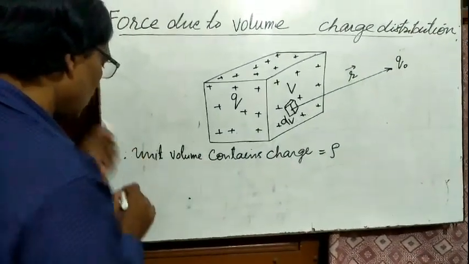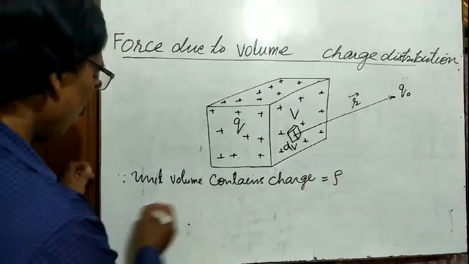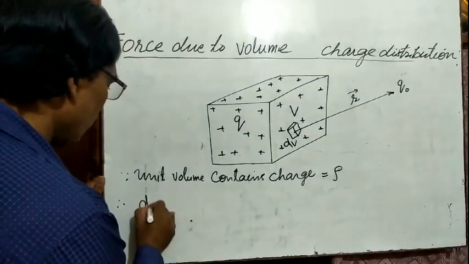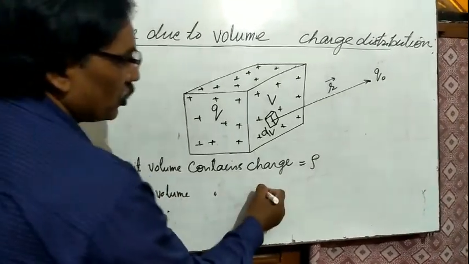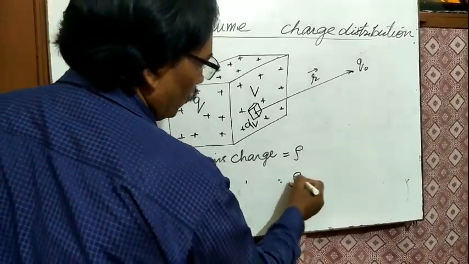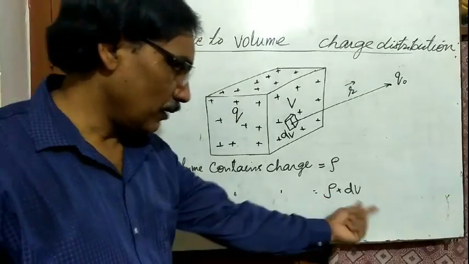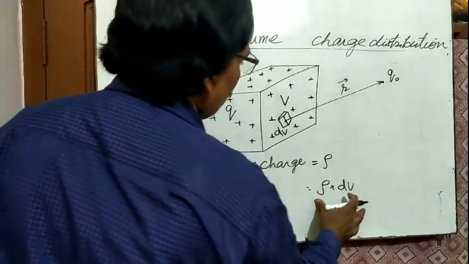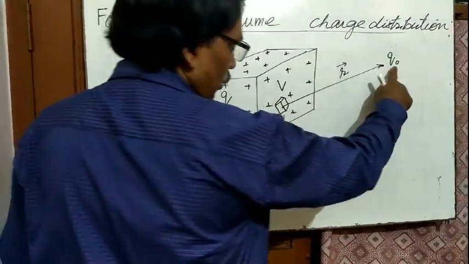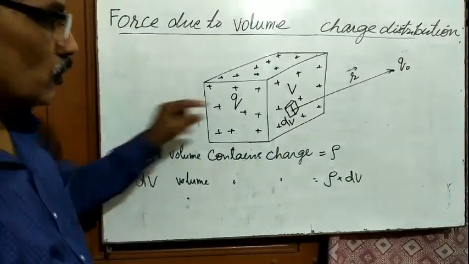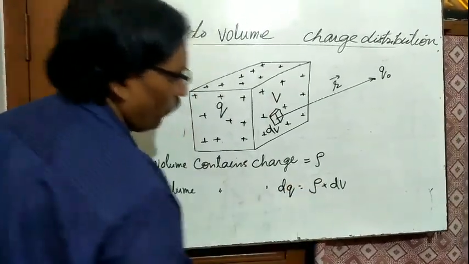Since unit volume contains charge rho, therefore dV volume contains charge equal to rho into dV. Unit volume has this much, so in dV we multiply. So this is the small charge dQ in this volume.